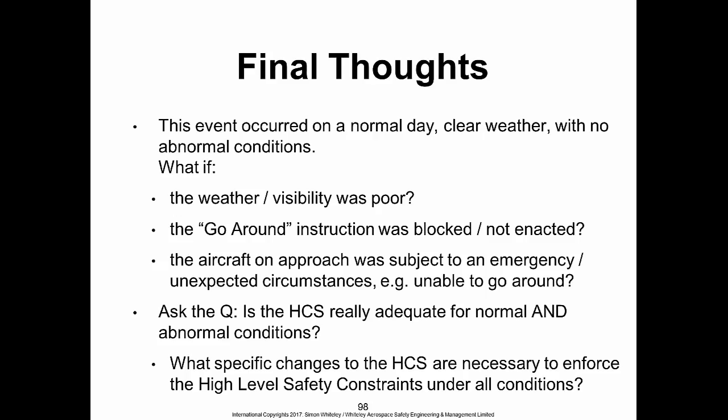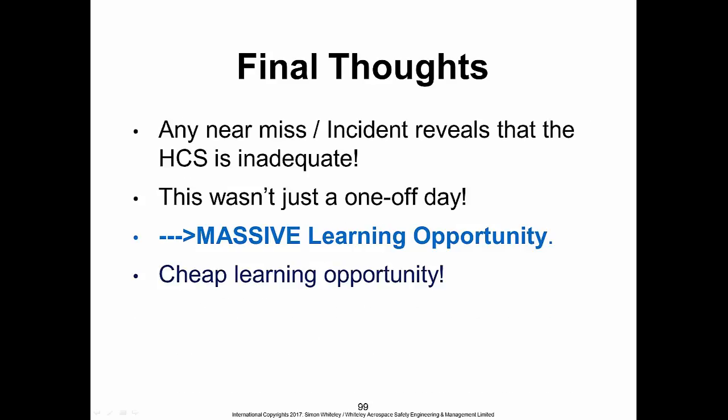Because it might well be perfectly fine for normal everyday conditions, but all you need is one slight disturbance or one slight abnormal situation to throw the whole thing into calamity. And what specific changes to the control structure are necessary to enforce those high-level safety constraints under all conditions?